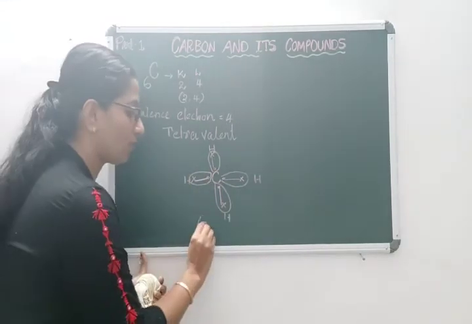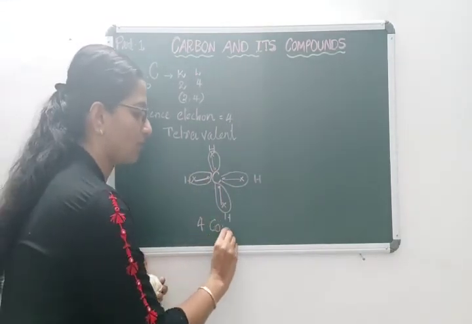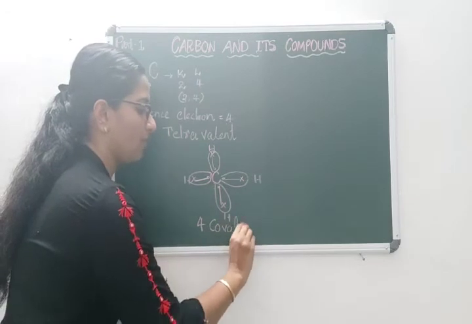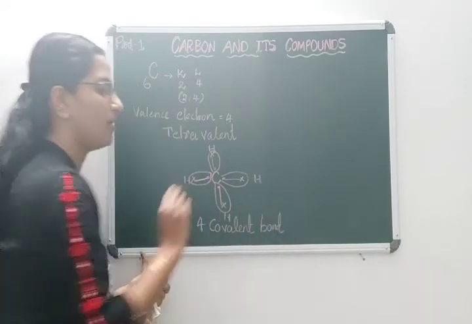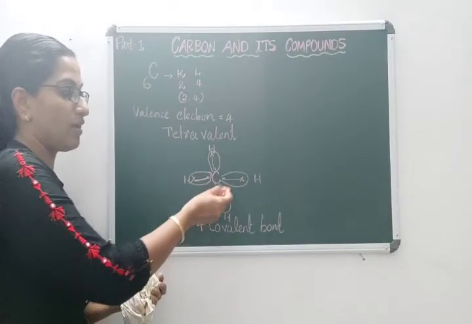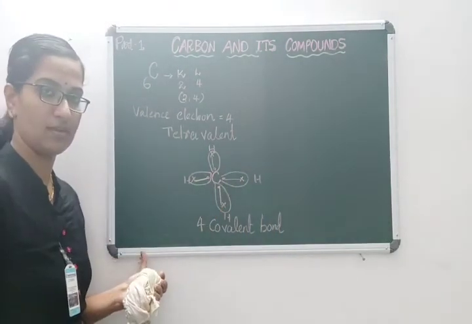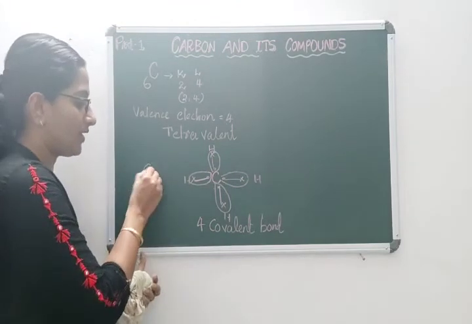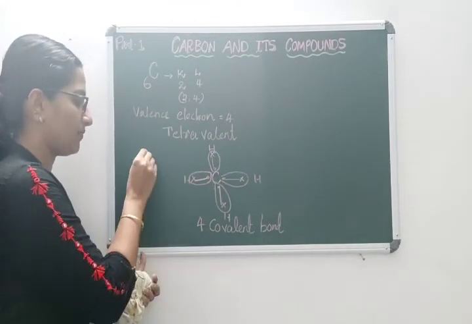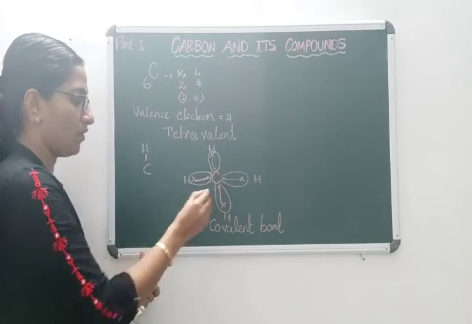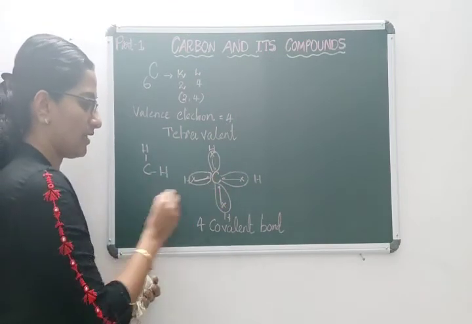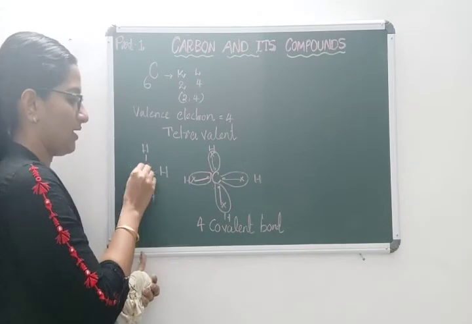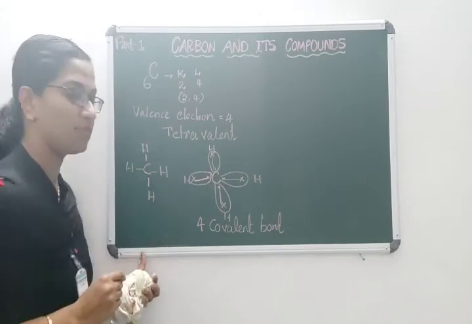So 4 covalent bonds have been formed by the sharing of its electrons. Okay, so generally you can write the structure: C-H, 1 bond; C-H, 2nd bond; C-H, 3rd bond; and C-H, 4th bond.